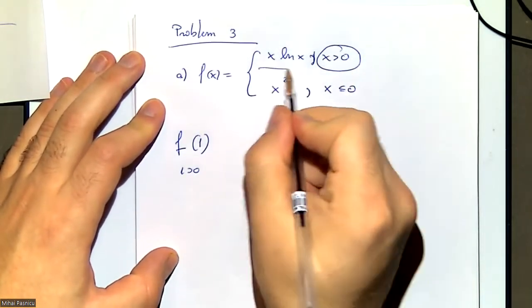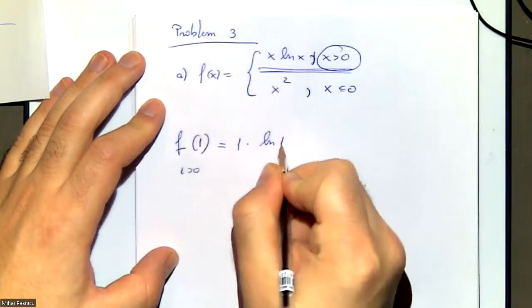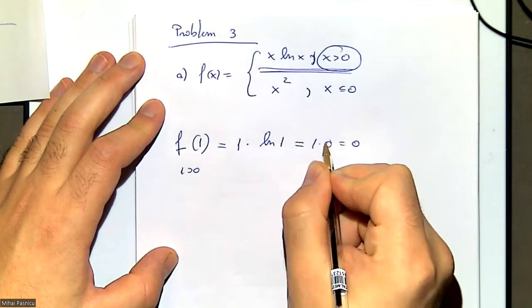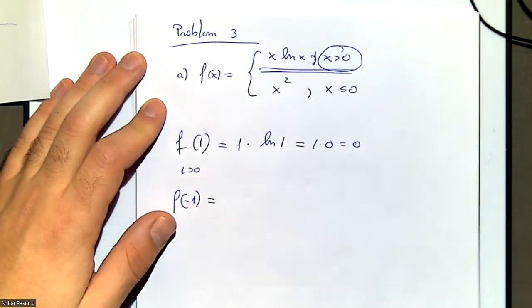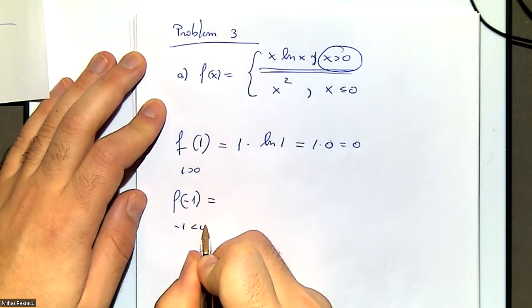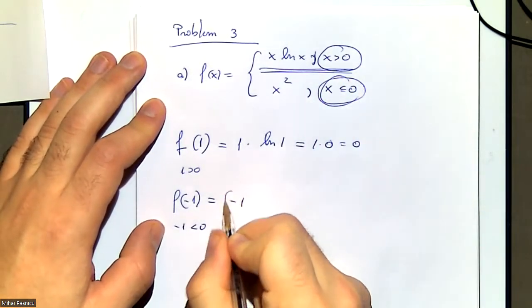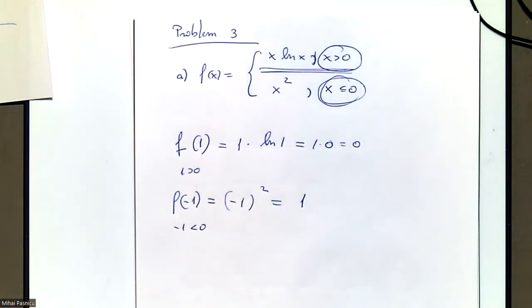I look on this branch of the function. So f of 1 is 1 times log of 1, which is just 1 times 0, that's 0. Now if you look at f of minus 1, minus 1 is smaller than 0, so I look here. This is minus 1 squared, is just 1. All right, just so you make sure how the function is defined.